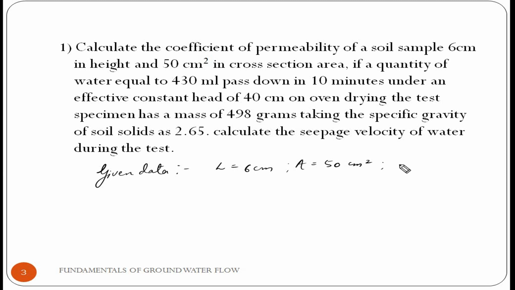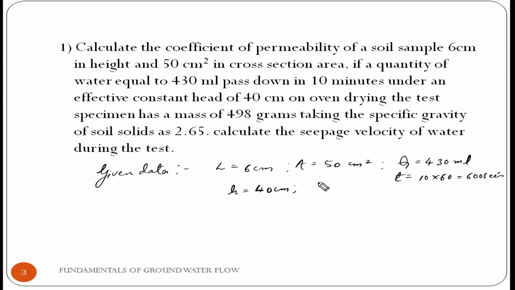A quantity of water equal to 430 ml passed down in 10 minutes, that is, Q is given as 430 ml and time is 10 minutes. In terms of seconds, it will be 600 seconds. H is also given, under an effective constant head of H is equal to 40 centimeters.